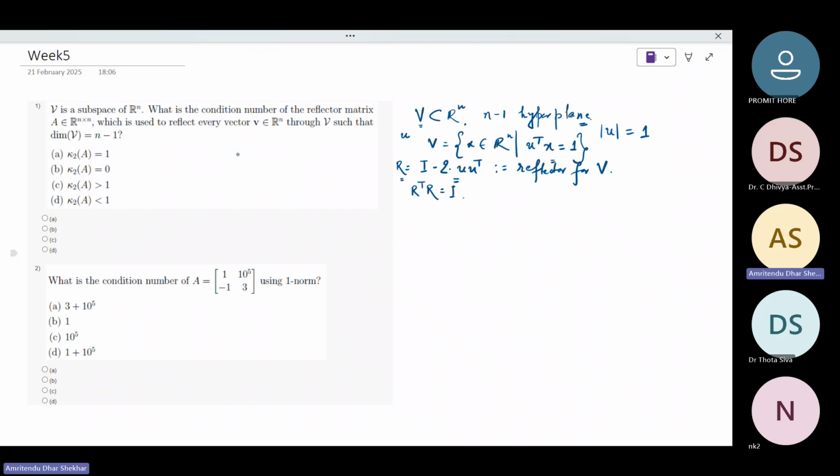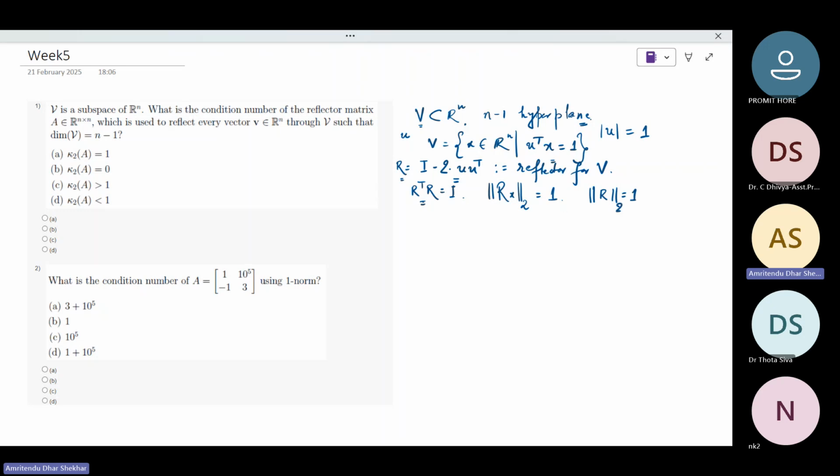Now we are asked to find the condition number of this R. If you have an orthogonal matrix, then the norm of Rx, 2 norm, is equal to the norm of x, and so the norm of R is equal to 1. This is the 2 norm.